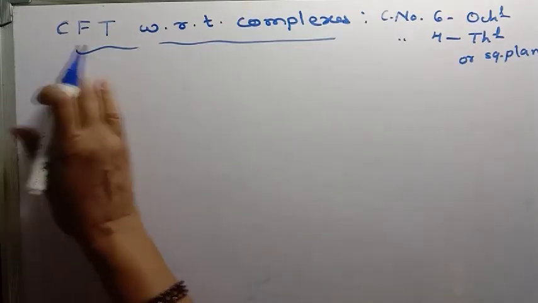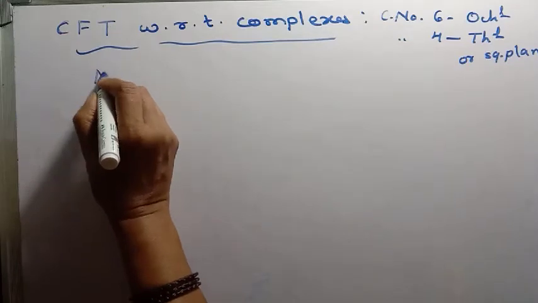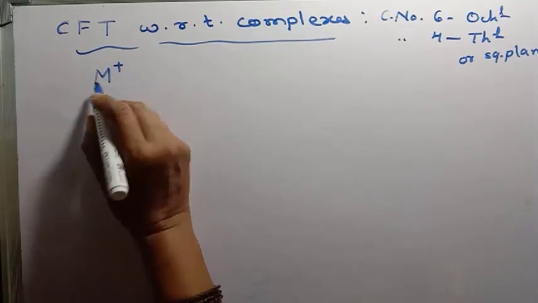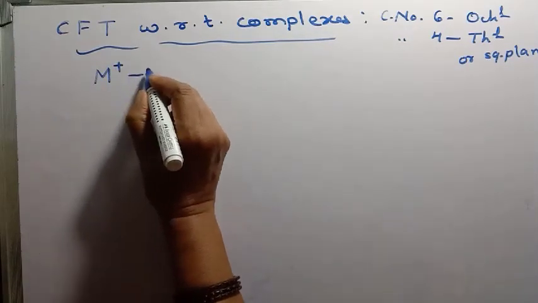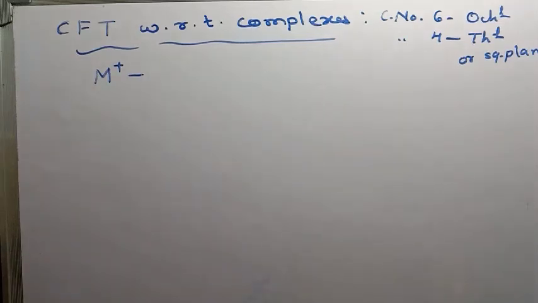The metal ion, usually transition elements, forms a bond or complex with the ligands. Transition metal ion means which are having partially filled d orbitals.